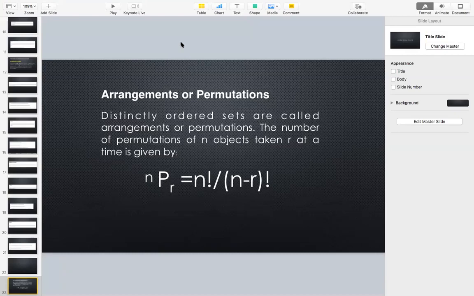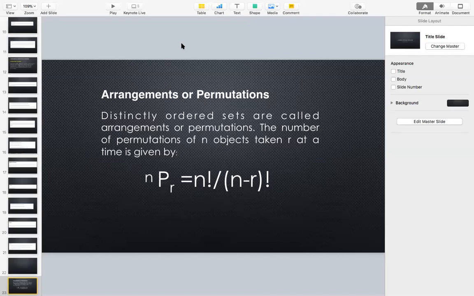But if I say that you are going to pick two balls from 10 balls in the bag, one after the other, now the order becomes important. What is the first one, what is the second one, right? So whenever you read a question and find that the order is important, go for permutations. And if the order is not important, you'll go for combinations.